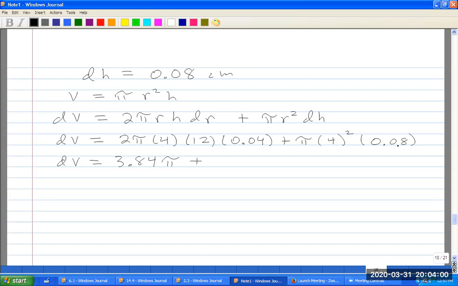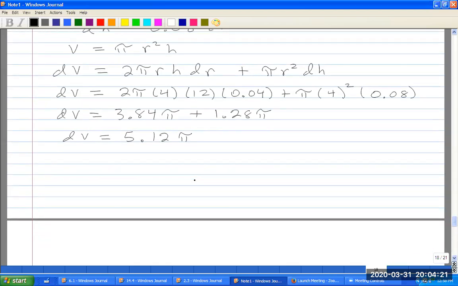16 times 0.08 is 1.28 pi. So dV is 5.12 pi. And so the thickness of your can is approximately 5.12 pi cubic centimeters.